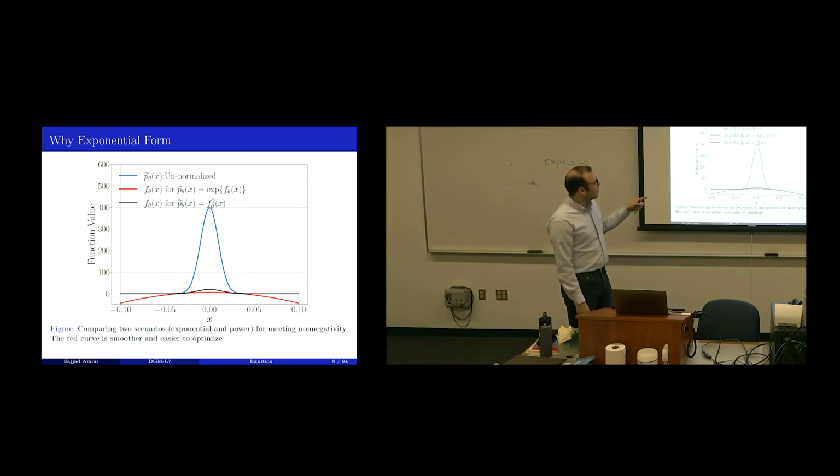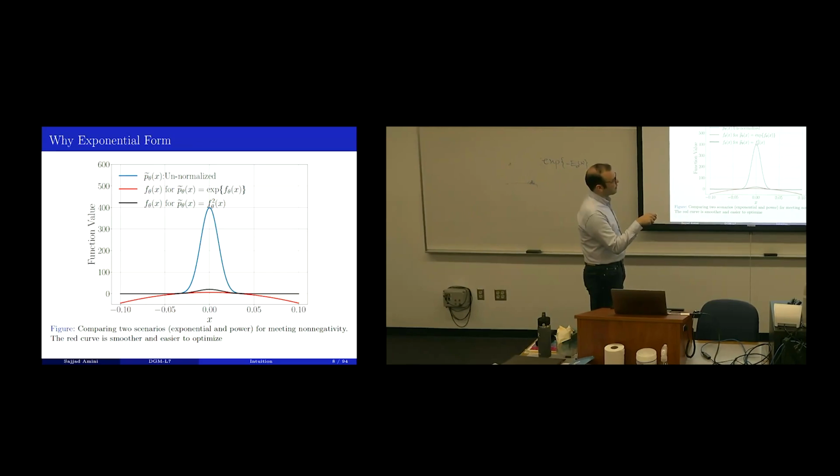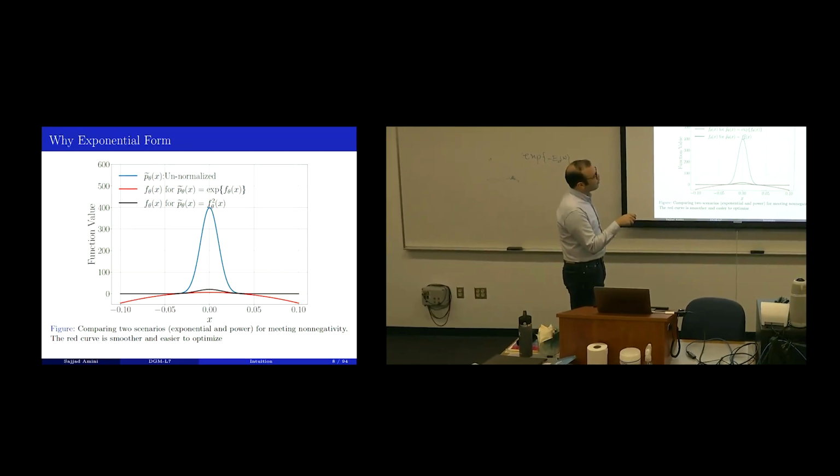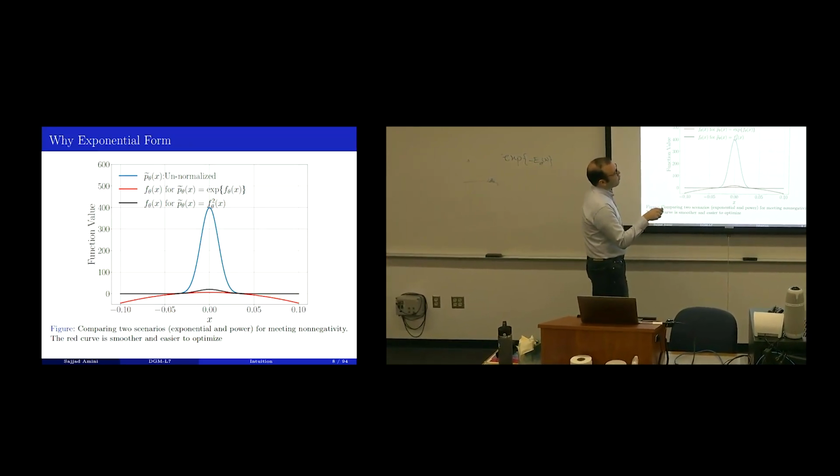Just to build more intuition for the first reason, pay attention to this figure. You want your unnormalized distribution to be something like this blue curve, and then using two different types of nonlinearity, for example, the exponent and the power of 2, you want to generate some f theta of x such that the exponent of f theta is again your blue curve, or the power of it is your blue curve.